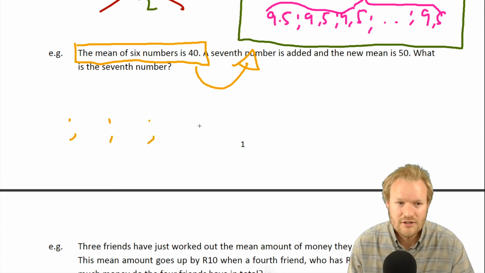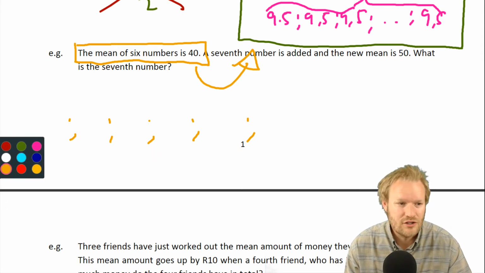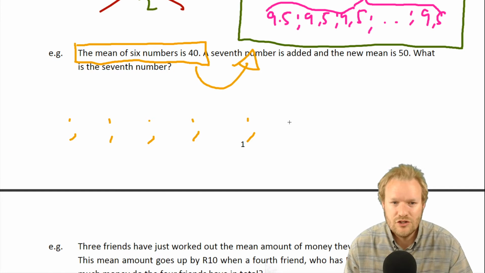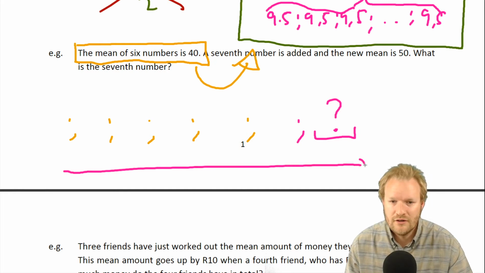It's got 6 numbers. We don't know what those 6 numbers are. 4, 5, 6, there they would be. But we do know that there's 6 of them and their mean is 40. And the question is, what would this new number be over here, such that the new mean of this whole thing would be 50?